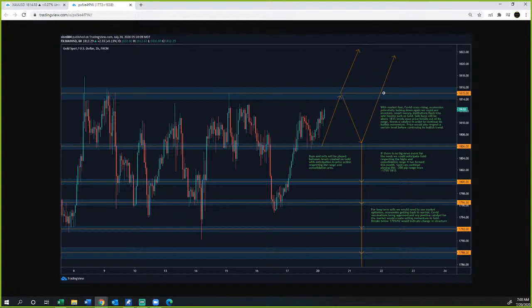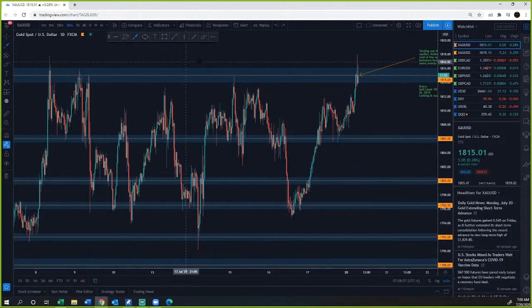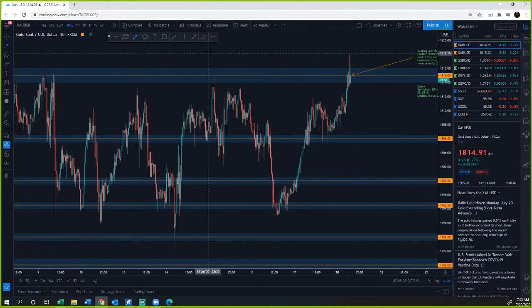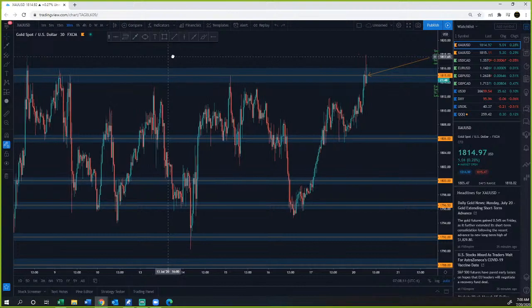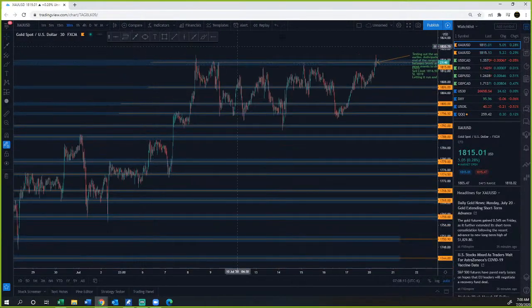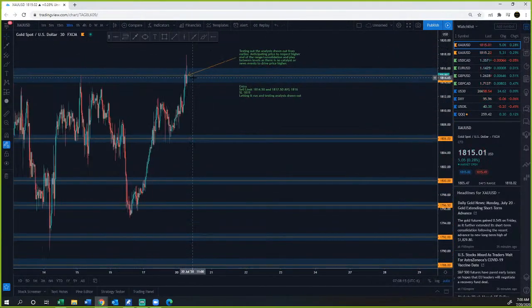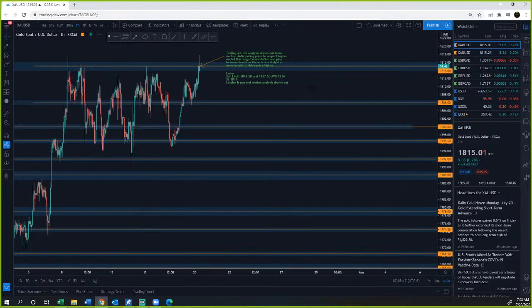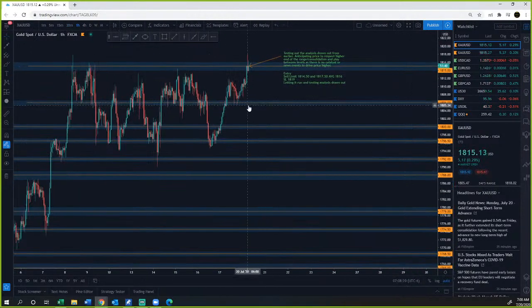So I did short it around 1816, trying to play the analysis, put my money where my mouth is, and then let it ride. Makes sense. It doesn't really have that extra news to push it higher. Definitely not to the 1850s level. I agree, because with gold, it always needs a catalyst to push it.